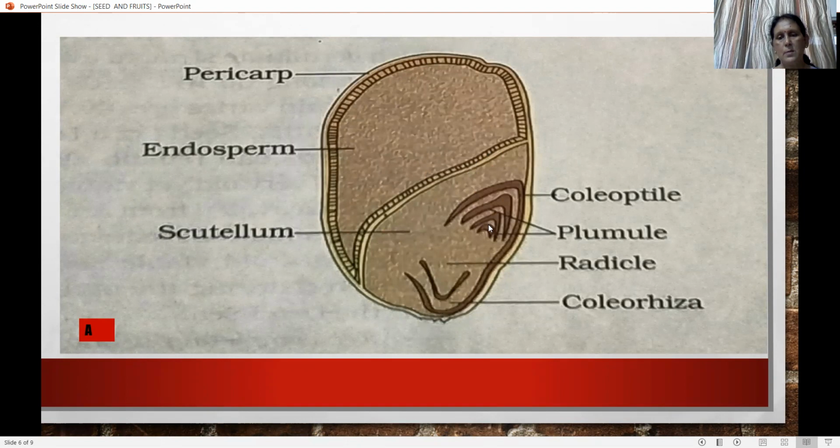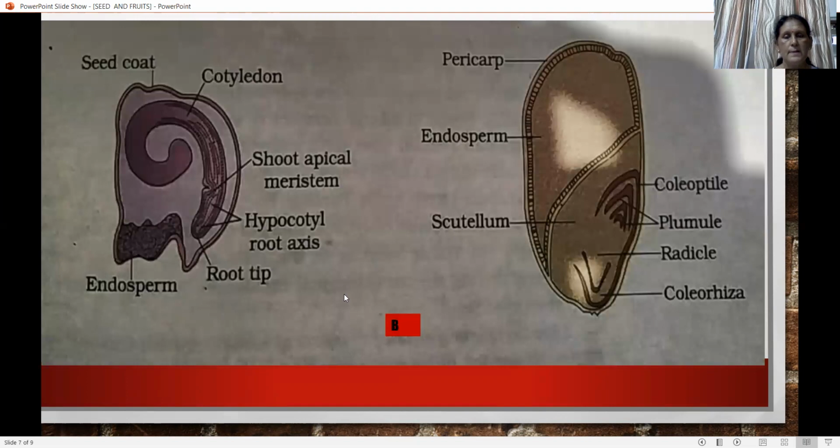The embryonal axis consists of a plumule covered by coleoptile, and on the lower side, the radicle covered by coleorhiza. So this is the next diagram of a monocot seed. Here, the transverse section shows the endosperm, seed coats, shoot apical meristem, hypocotyl, root tip, root axis, and cotyledons.